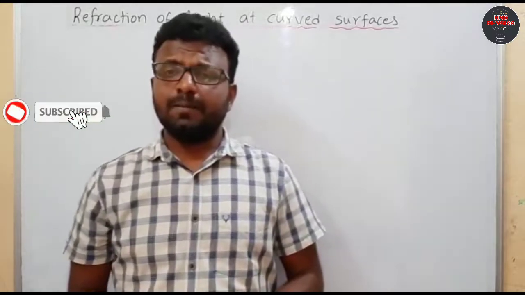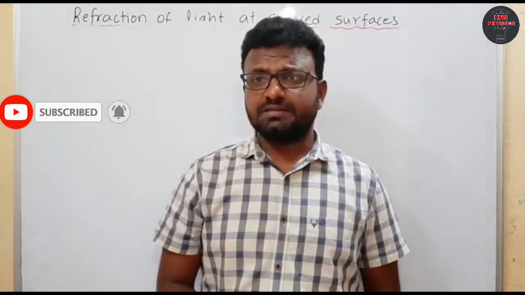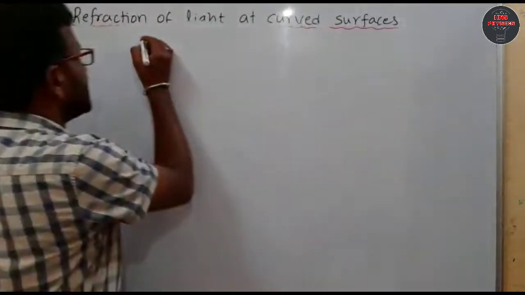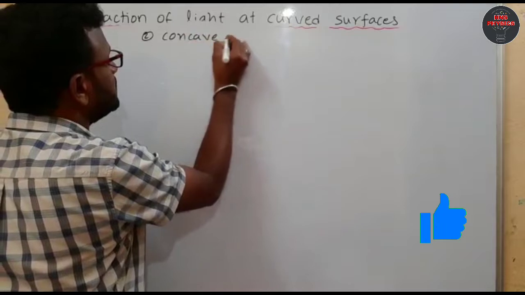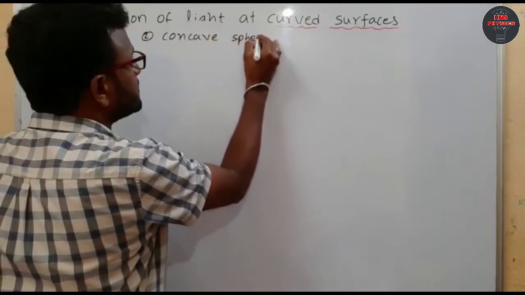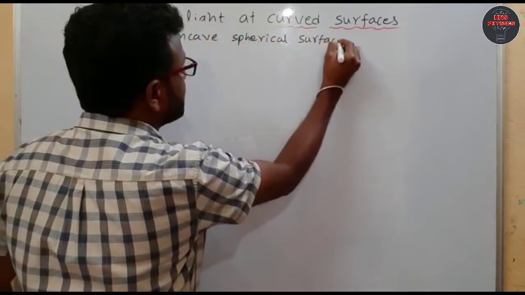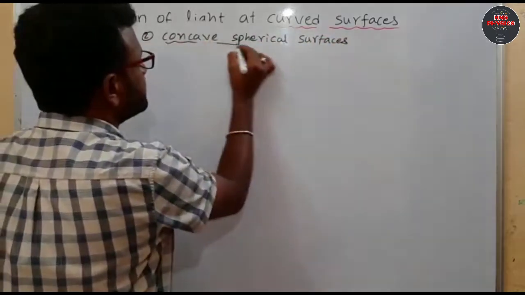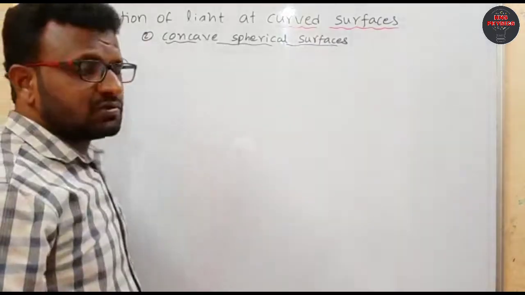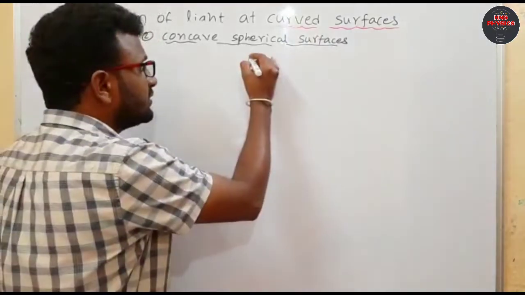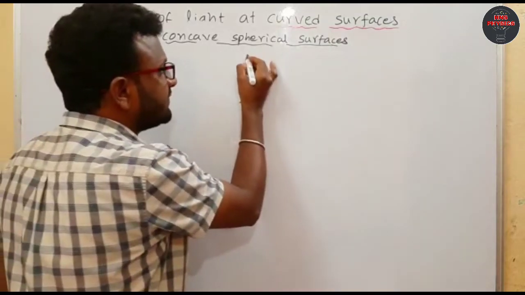Next, come to the concave spherical surface. Now we have to see the rules of diagrams related to concave spherical surfaces. So the second one is concave spherical surfaces. First rule of diagram: I am going to take here a concave spherical surface.